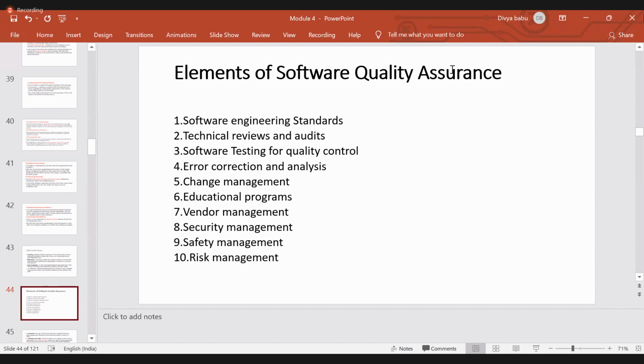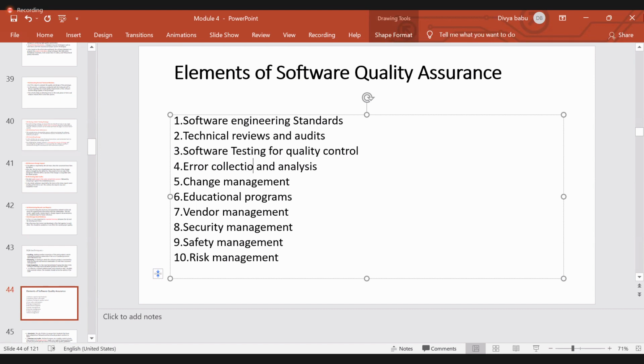Then the elements are software engineering standards, audits, reviews, testing, error correction, error collection and analysis, change management, educational programs, vendor management, security, safety, risk management.